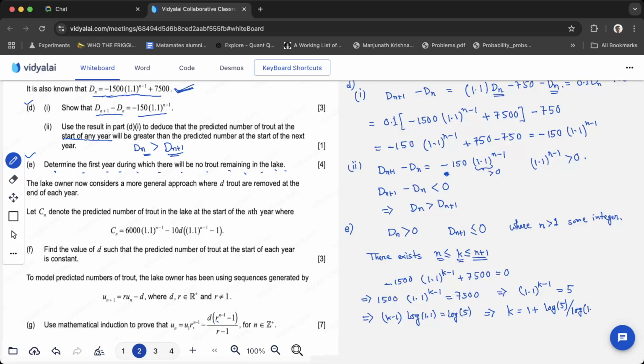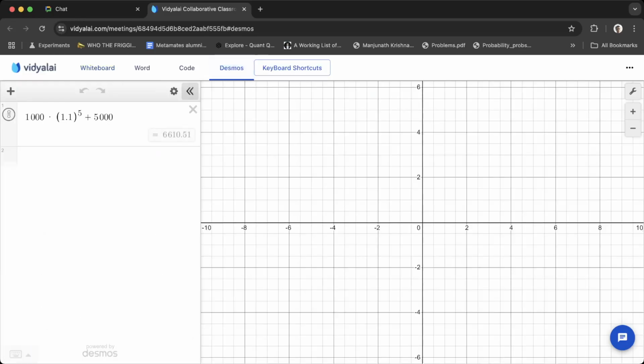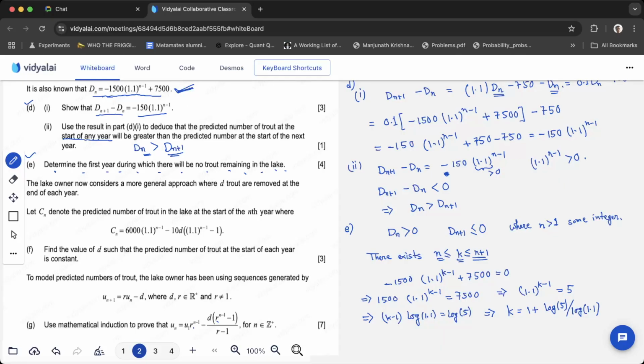Now we have to use a calculator to find what this value is. So let's go back to the calculator. This comes out to be 17.9. So this is approximately 17.9.